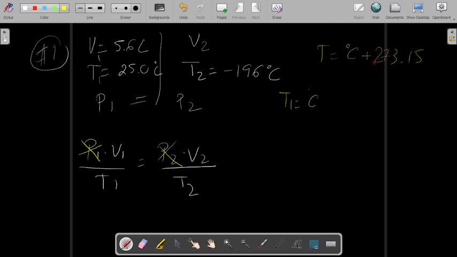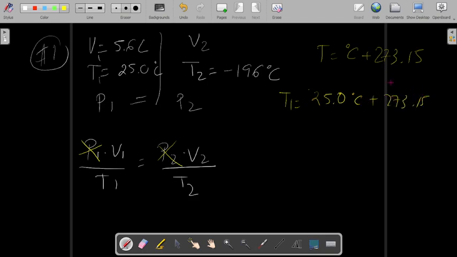So put those numbers in your calculator. Let me erase this and put it directly here already. So my Celsius for number 1 was 25.0 degrees Celsius plus 273.15.